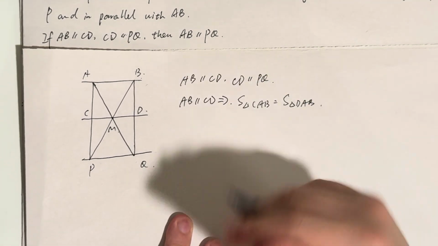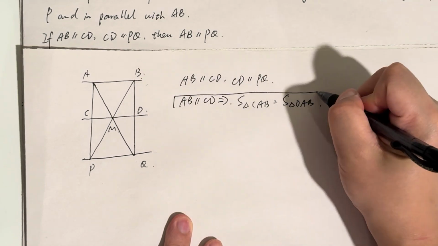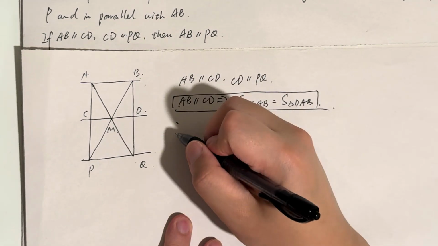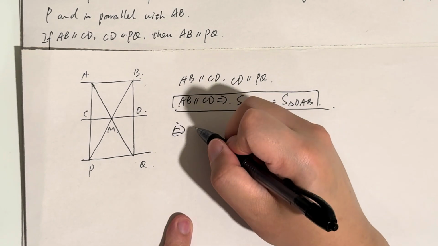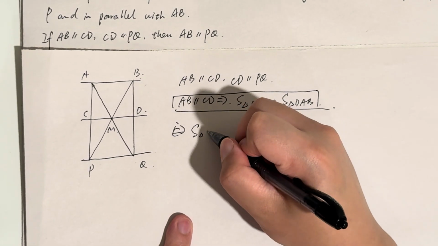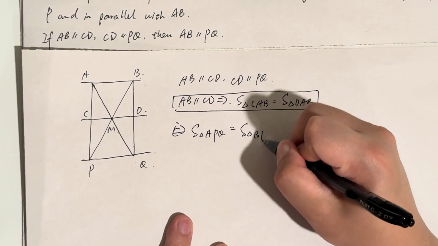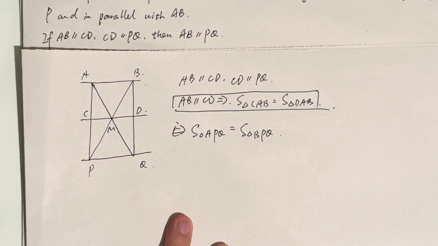Let's just reversely derive it, right? Basically, what we want is to find that the area of triangle APQ equals the area of triangle BPQ, right?